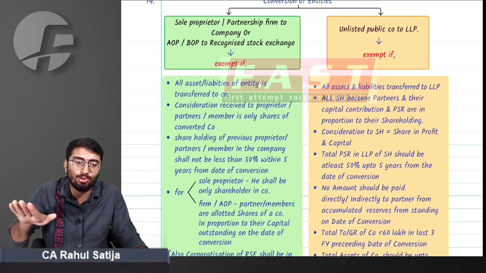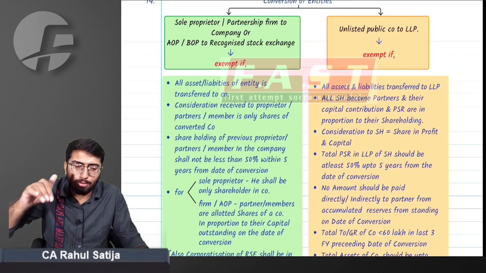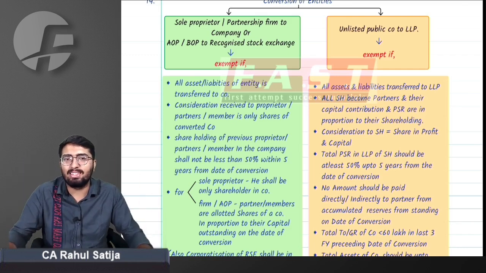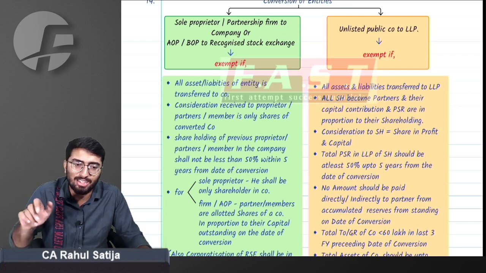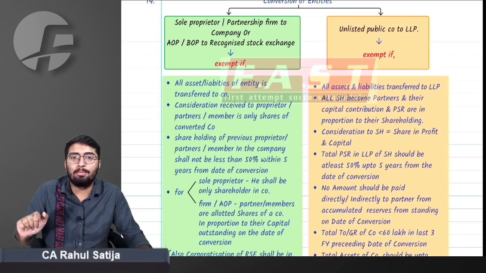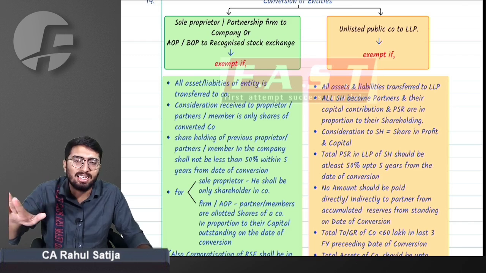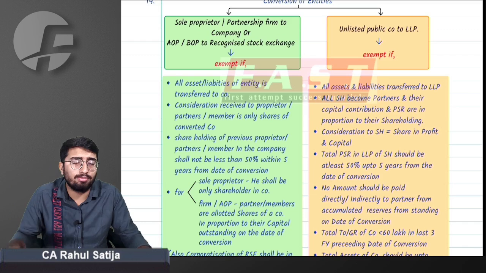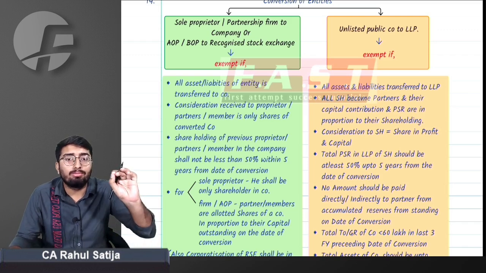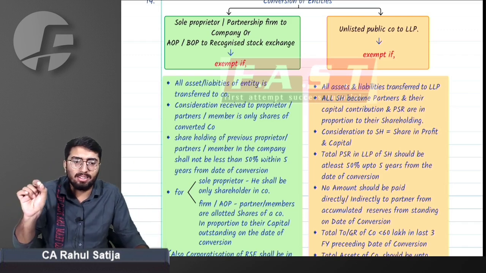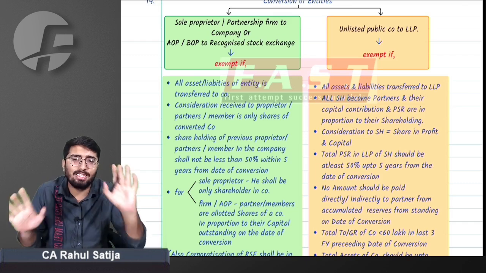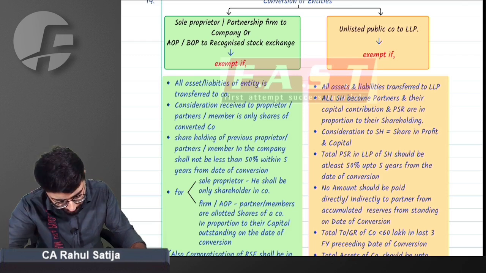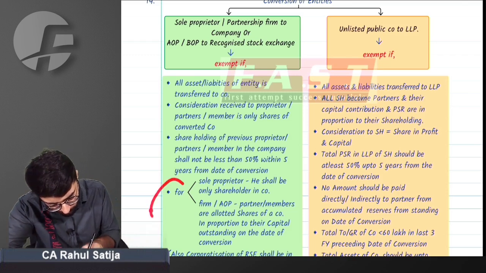It puts a restriction on the partners so that they should not leave the company by merely selling their shareholding. It says all partners shall have a minimum of 50% of the shareholding continued for the next 5 years, or the proprietor that has converted into a company shall hold at least 50% of the shareholding for at least 5 years from the date of the conversion.